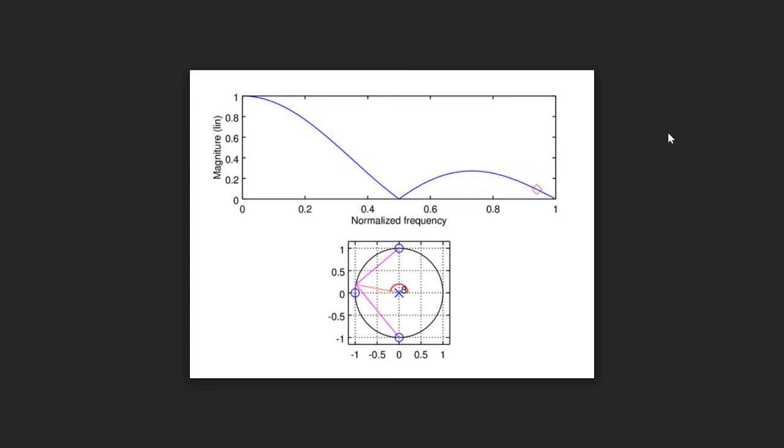That red line here shows the e^(jω), the vector from 0 to e^(jω). And then it calculates the distances to the zeros and the distances to poles. The distances to poles in this case are exactly the same, so it doesn't change. It's 1 all the time.